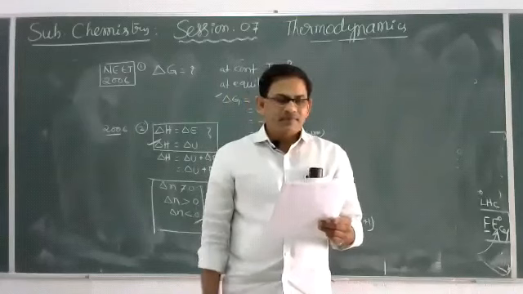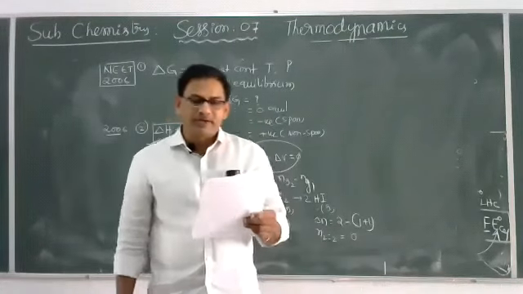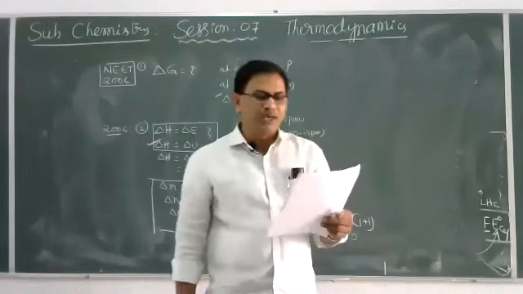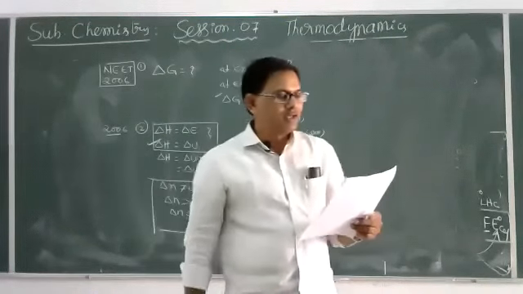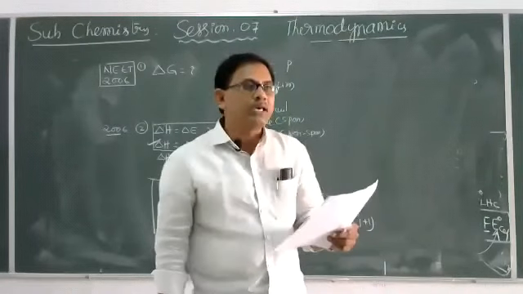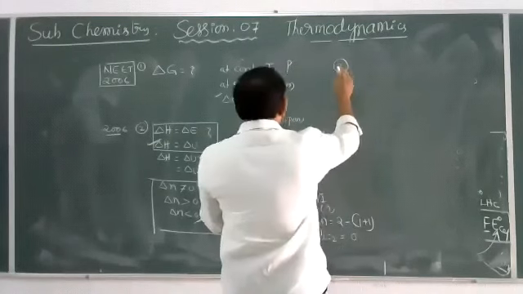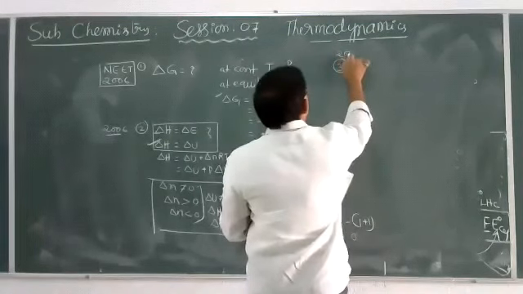The third one is the enthalpy and entropy change for the reaction Br2 liquid plus Cl2 gas gives 2BrCl gas, with values given. The temperature at which the reaction will be at equilibrium is asked. This is also NEET 2006.